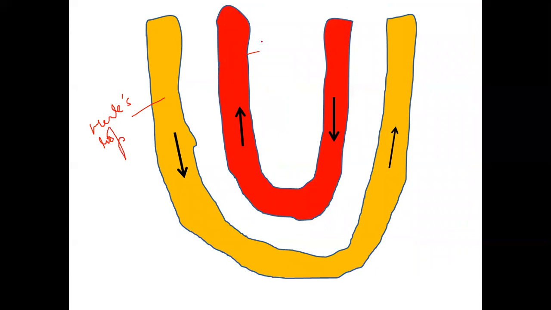And this is vasa recta. So this is descending limb of vasa recta. This is ascending limb of vasa recta. And this is Henle's loop, ascending loop. Right? I think now it is clear to you how many countercurrents we are having. One countercurrent, two countercurrent, three itself this, and fourth itself this.